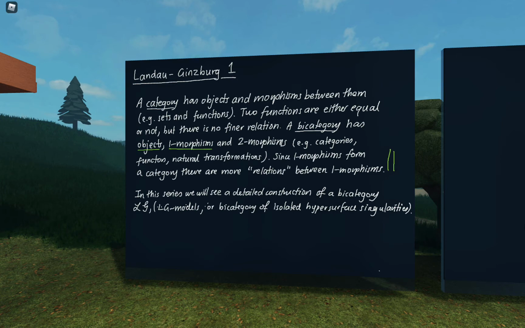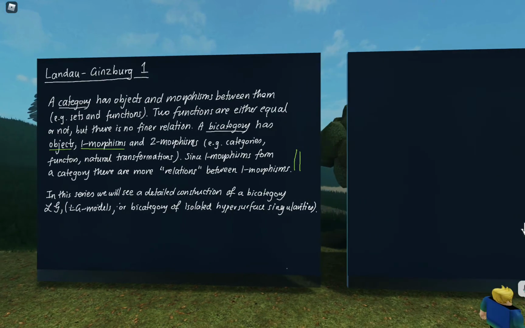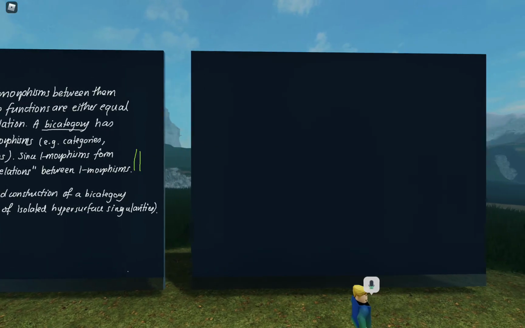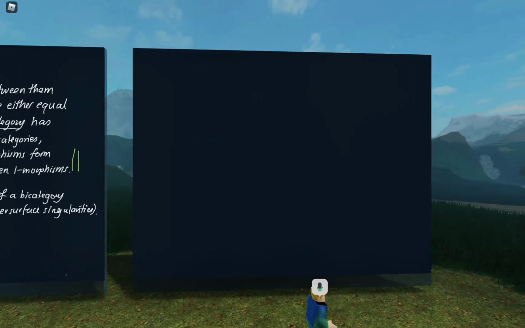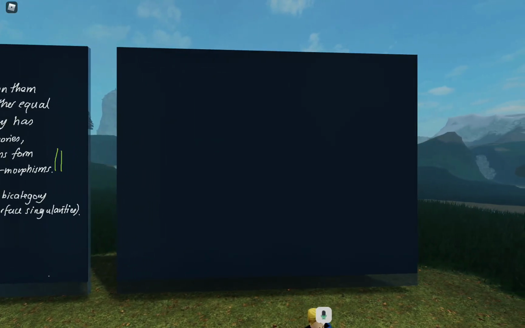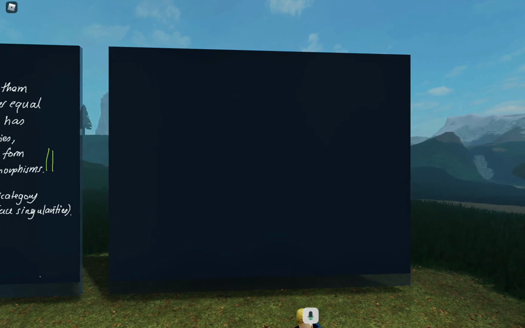Okay, so that's the broad overview. We'll be talking about this bicategory, giving a construction of it, and discussing its relation to various different things, including computation. So now let me start to give a very rough first definition of this bicategory.